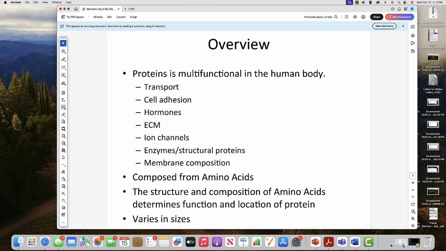The sequence and chemistry of these amino acids determine where the protein goes in the body and what it can do. A great example of that would be when a protein misfolds or is missing a key amino acid, it can lose its function, like the CFTR protein in cystic fibrosis. So proteins are extremely important when we're talking about medicine and just overall disease.